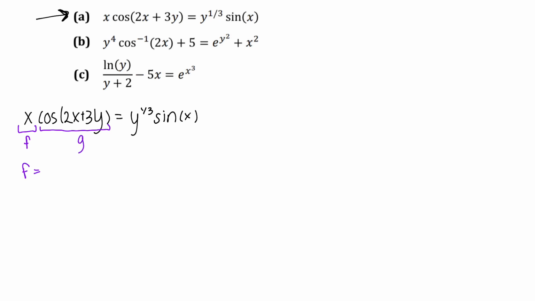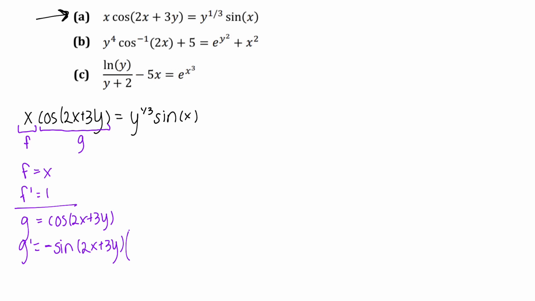For f is x, f prime is 1. g is cosine of 2x plus 3y. g prime, the derivative of cosine is negative sine, and leave the inside alone. Then it's the derivative of the inside. The derivative of 2x is 2. The derivative of 3y is 3 dy dx.